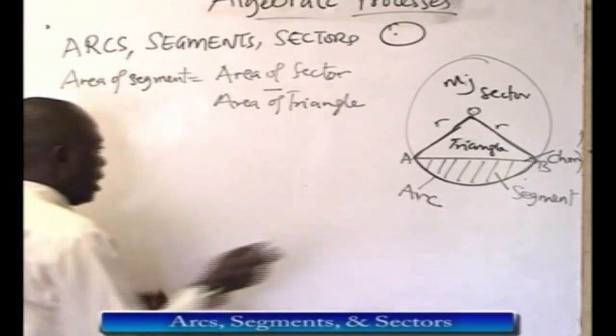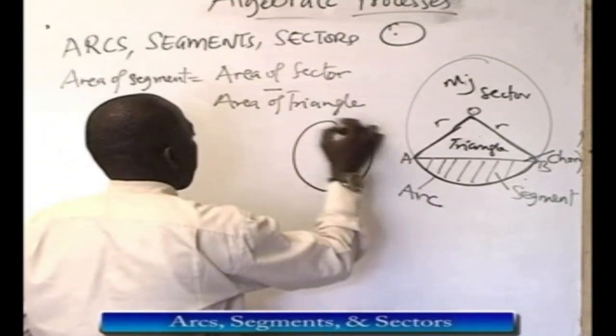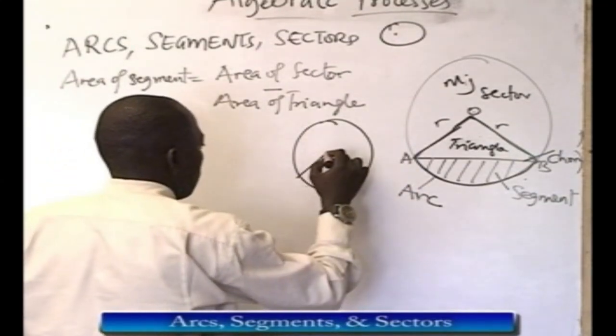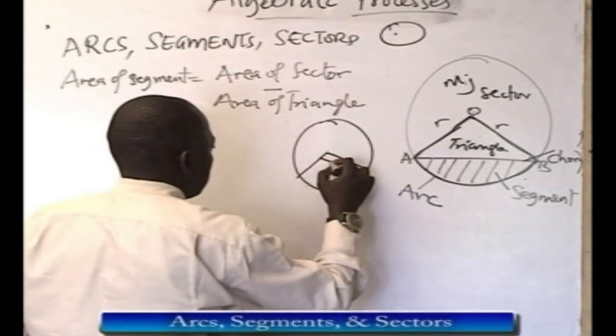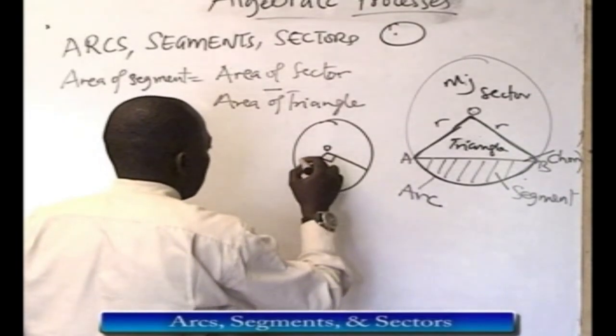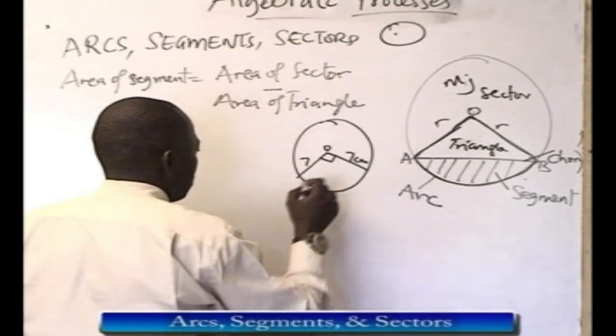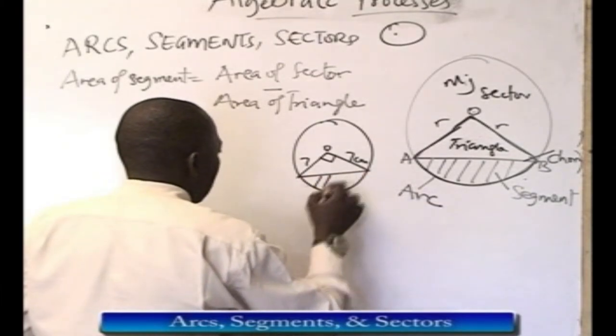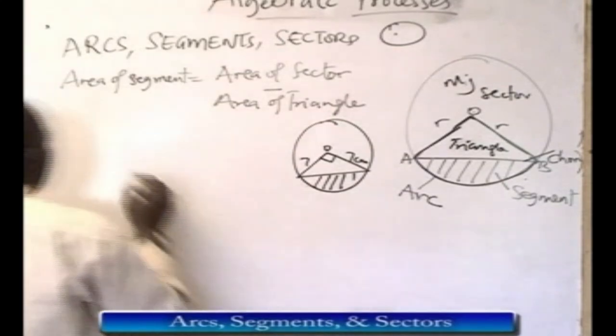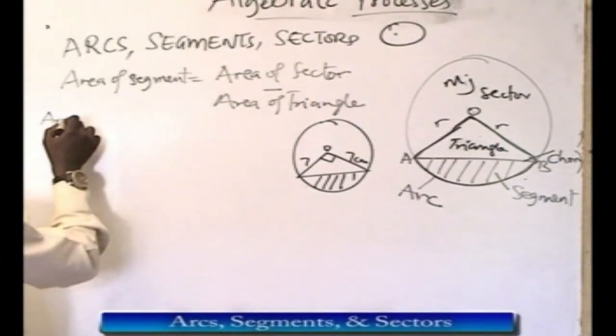If you have a question that looks like this, this is a right angle, the center, 7 cm, and you've been asked to determine the area of this segment. So first of all, you determine the area of the sector.